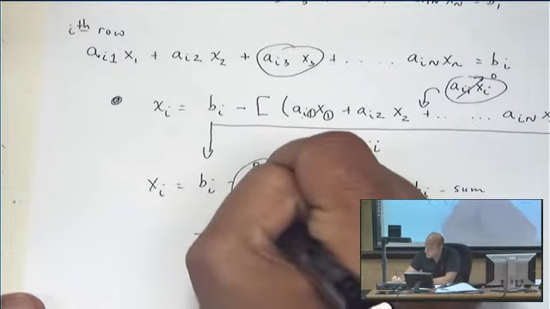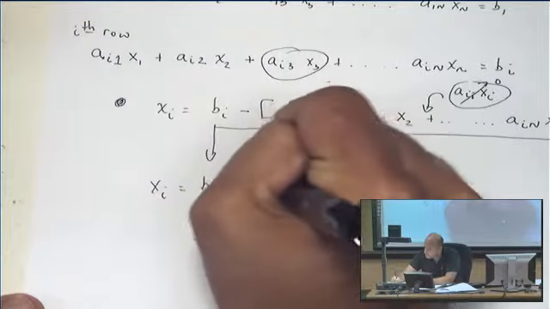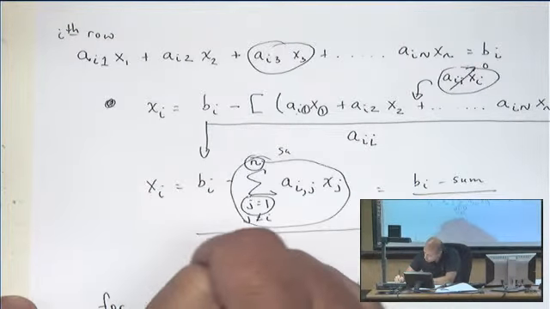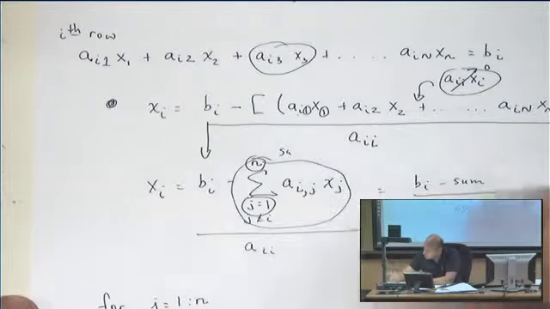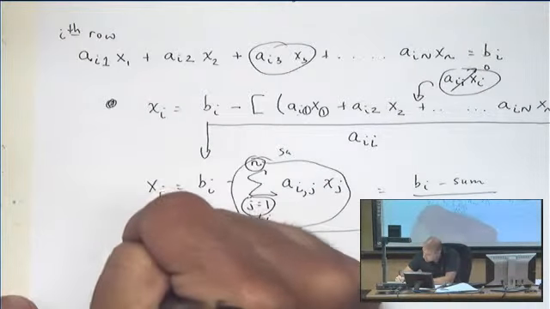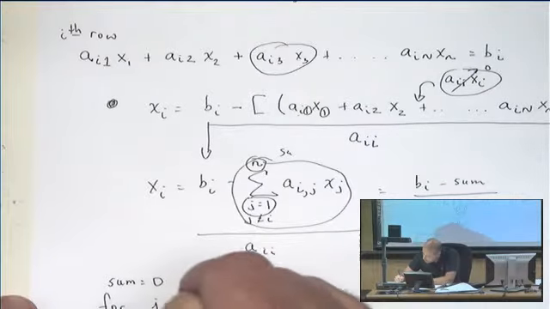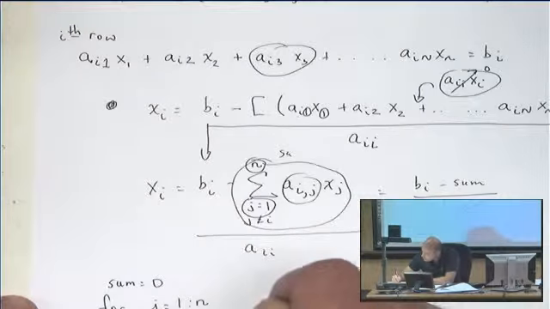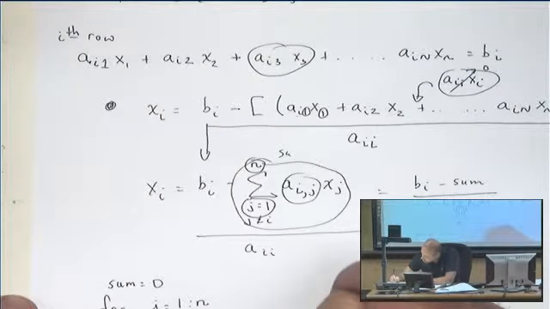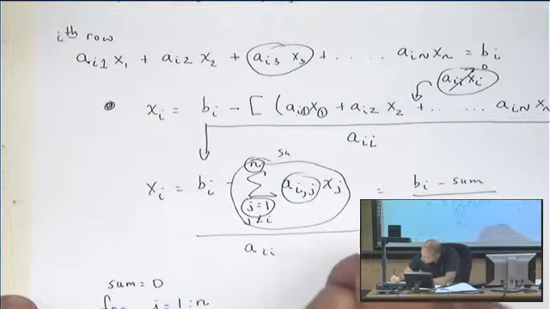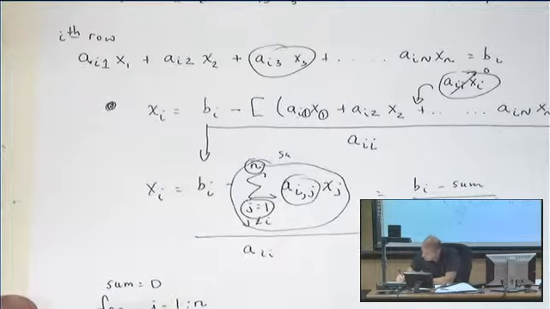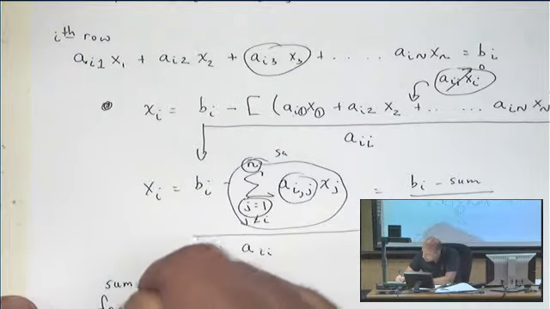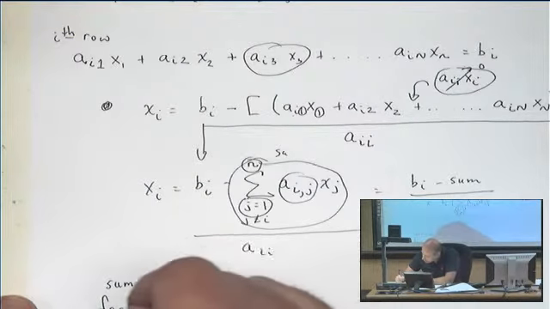You just look at it and you say, for j goes from 1 to n, this is a sum, so I want to say sum is equal to 0, and then sum is equal to sum plus a i j times x of j, with one little caveat, I say if i does not equal j, end.